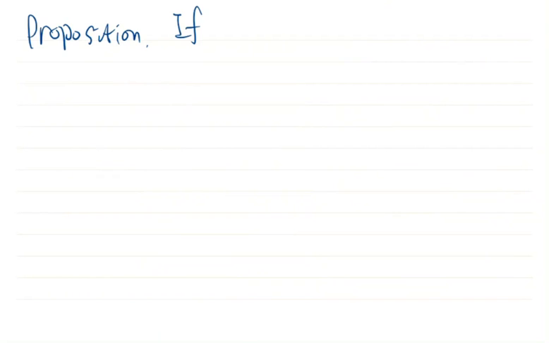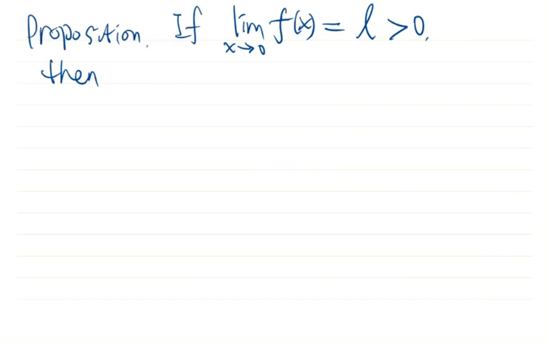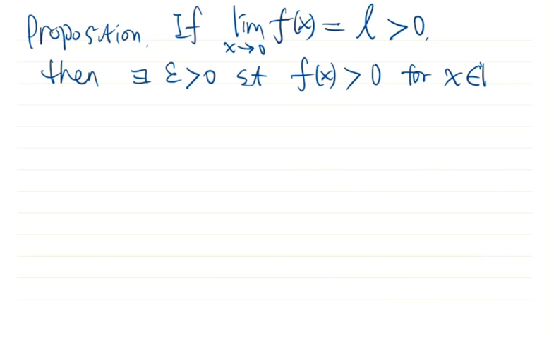If the limit of f(x) as x goes to 0 equals some positive L, then there exists some epsilon positive such that f(x) is positive for x in the epsilon neighborhood.